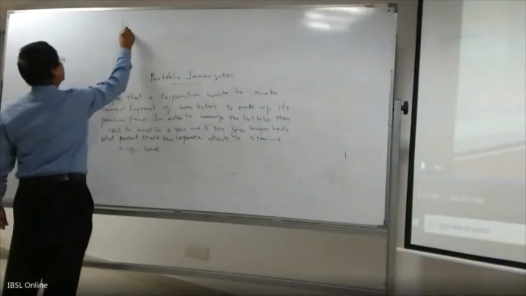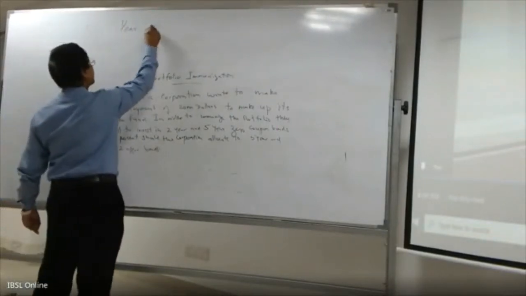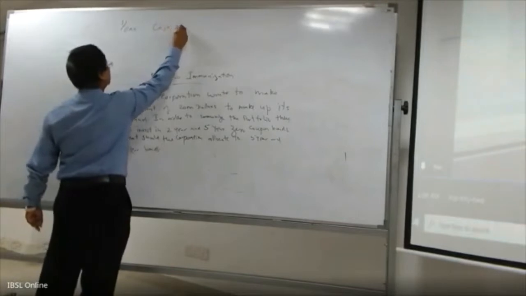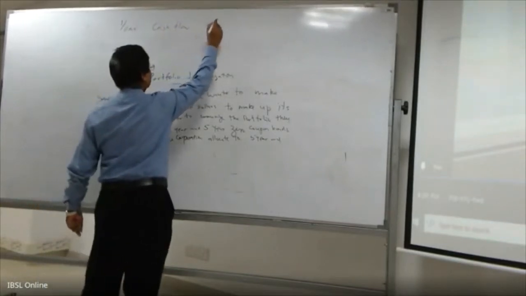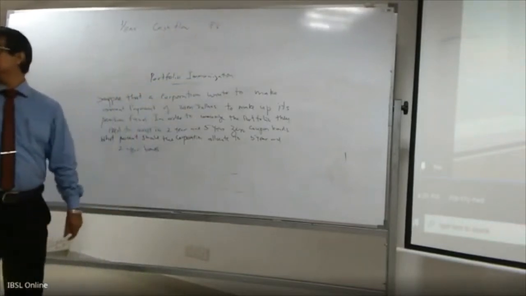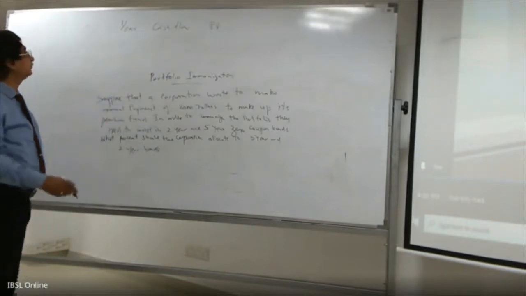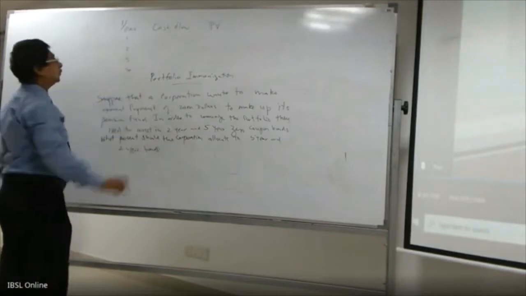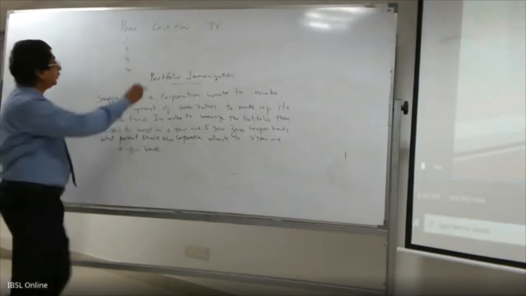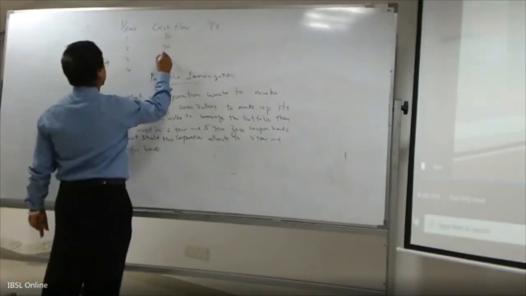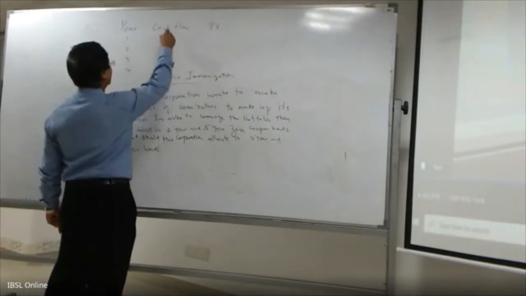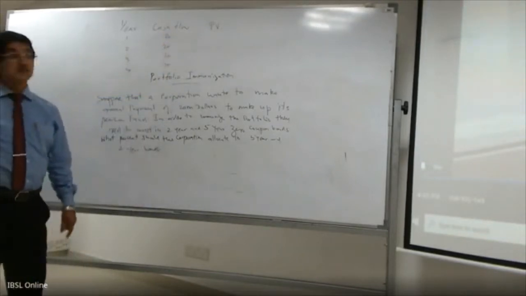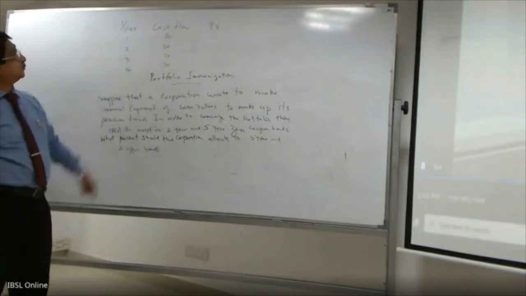Here, cash flow, present value, for years 1, 2, 3. The cash flow is 20, but unlike in a bond, it is the same cash flow every time. What is the present value?